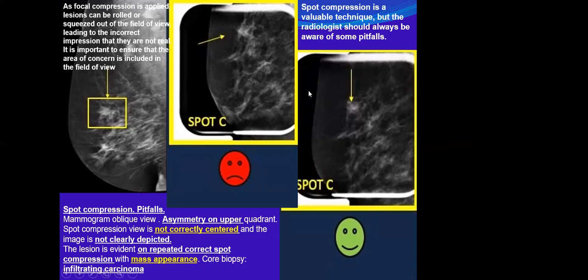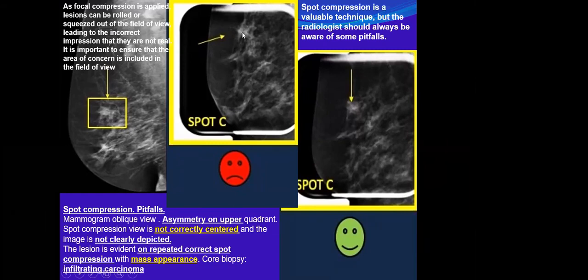We have to do it properly and avoid the pitfalls. If a focal compression is applied, the lesion can also be rolled or squeezed out of the field of view, leading to an incorrect impression that is not real.